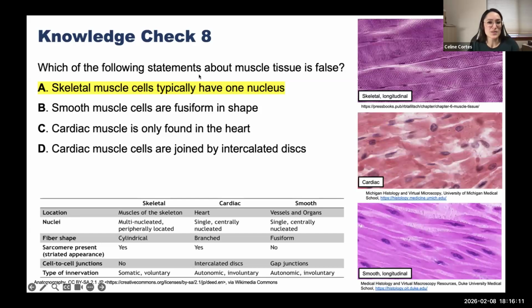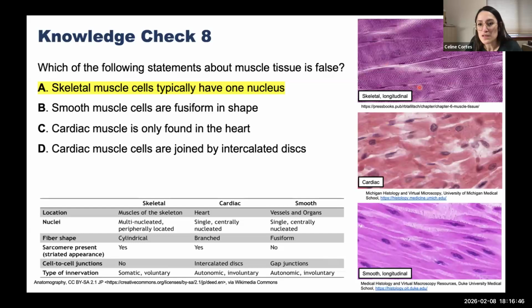So this is really just talking about the differences in muscle cells and then muscle histology also, and how they appear on histological images. So this is just a little overview that you are welcome to reference back to as you're looking at these different images, but in essence, some of the important things to keep in mind and ways to distinguish between these different types of cells is skeletal muscle.